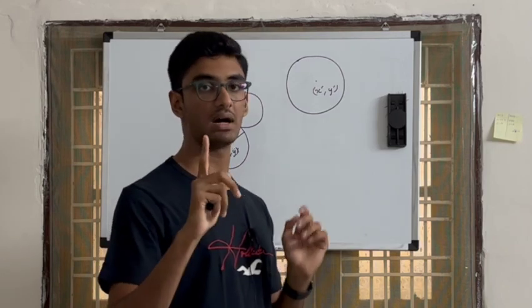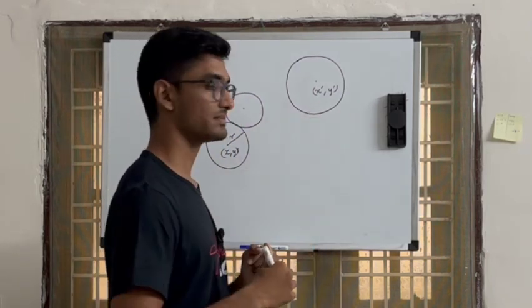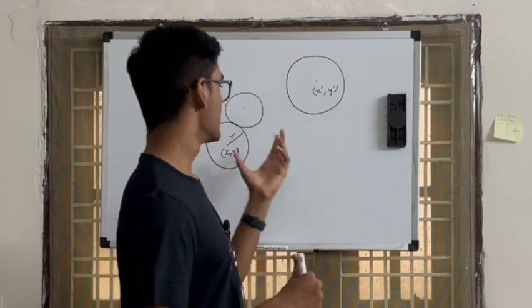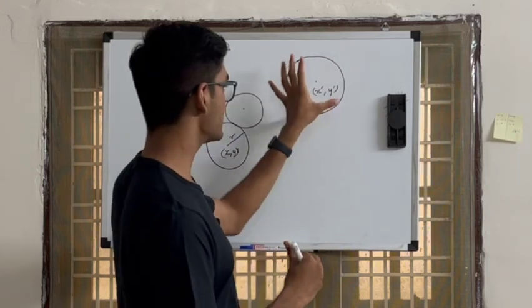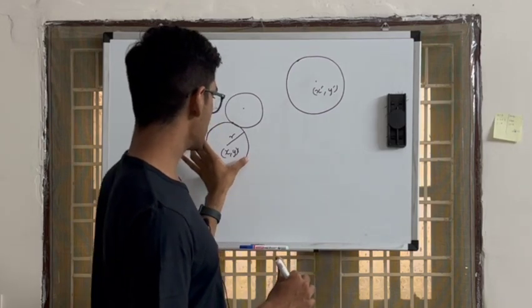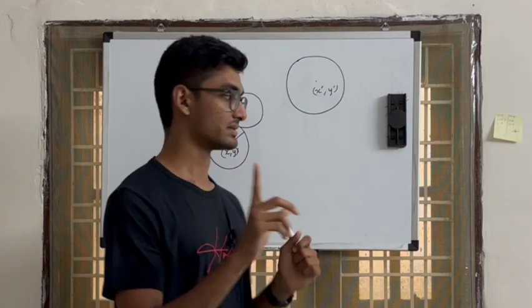That is our goal. I'll tell you why. Our goal is to make this circle touch this circle. Basically, imagine this is another circle and this has to overlap on it. Even though this is the exact same circle, just think of it that way. This has to overlap this thing. So, we should make sure that this circle touches this circle. That's our goal. How do we do it?